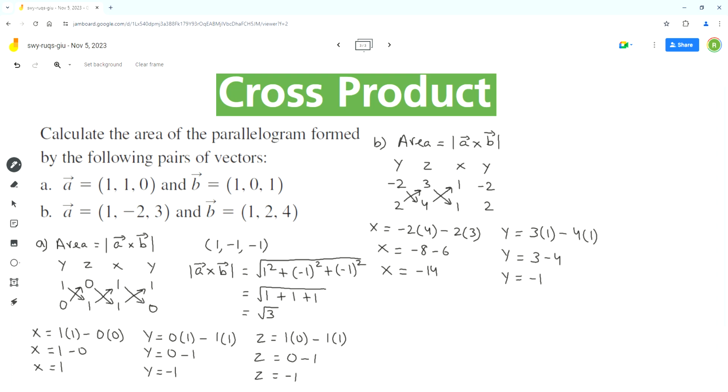Now we can find the z component by cross multiplying the x and y components. So we start with 1 times 2 minus 1 times -2.